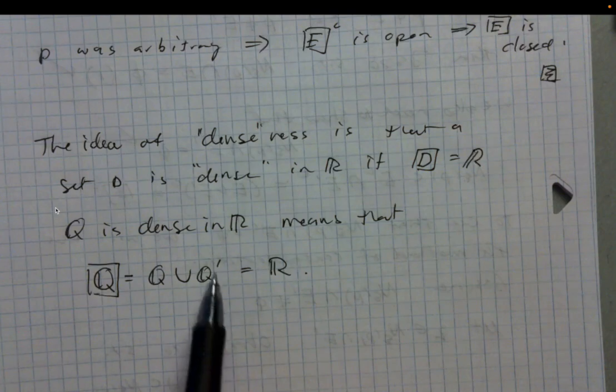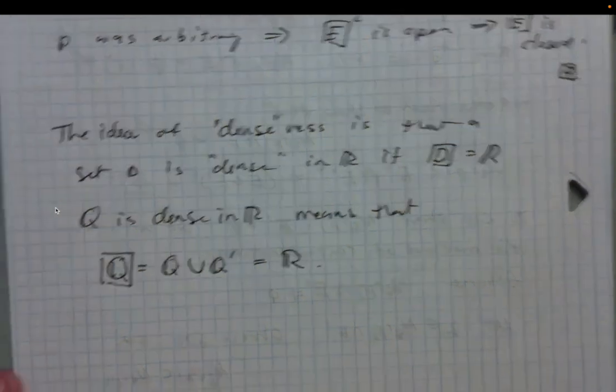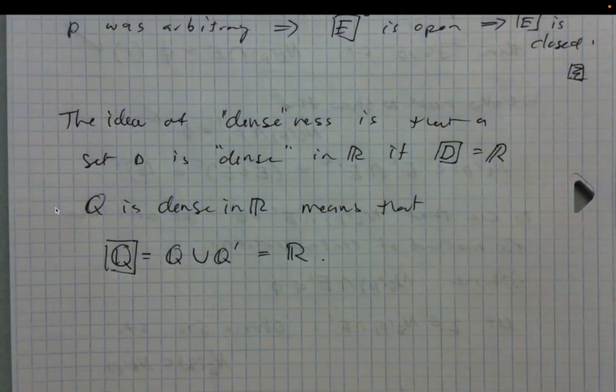Q prime turns out to be R. So Q or Q prime is the real numbers. Okay, very good. So this is very powerful stuff. And when we get into the next section, we'll talk about compact sets.